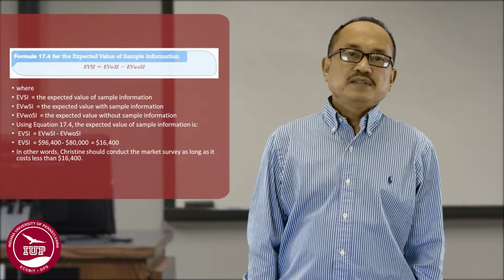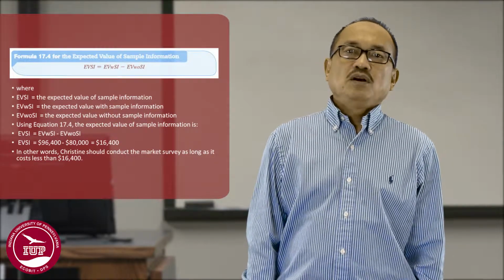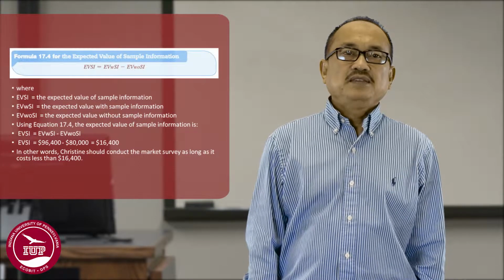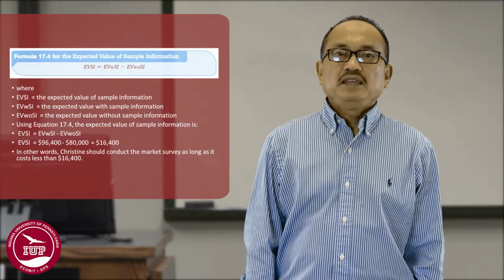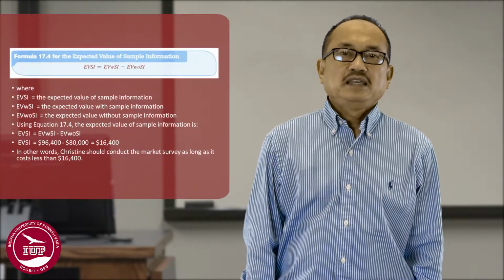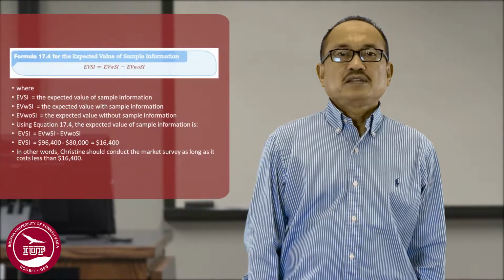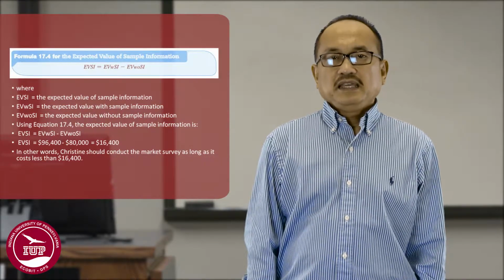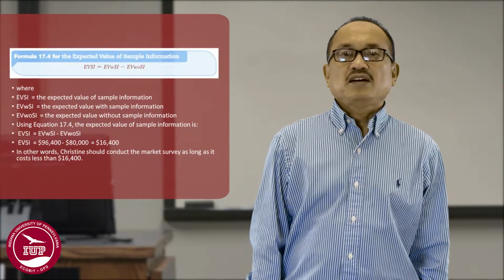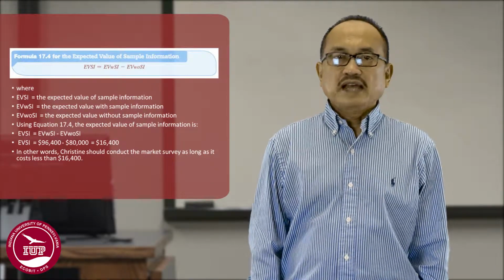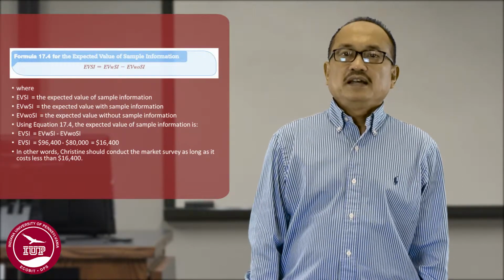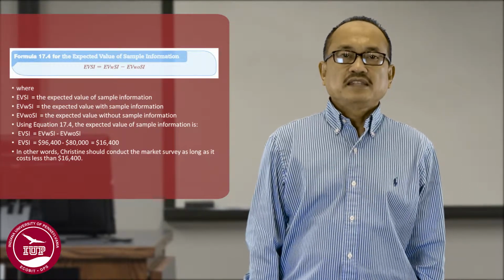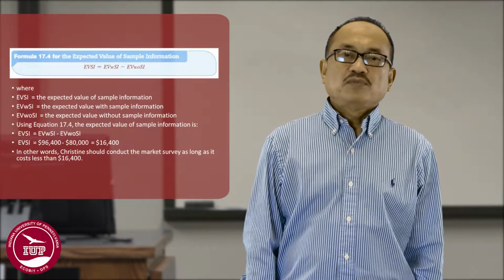Using equation 17.4, the expected value of sample information is EVSI equal to EVWSI minus EVWOSI equal to 90,400 minus 80,000 equal to $16,400. In other words, Christine should conduct the market survey as long as it costs less than $16,400.